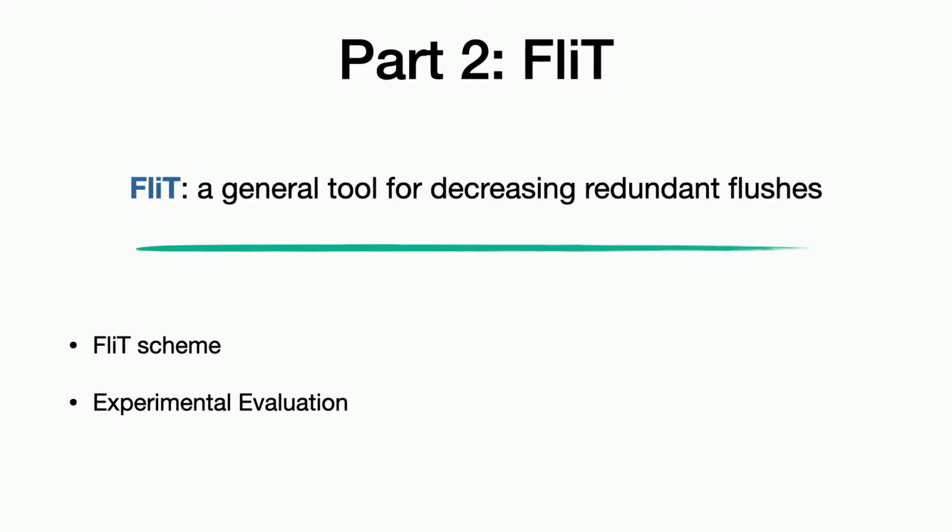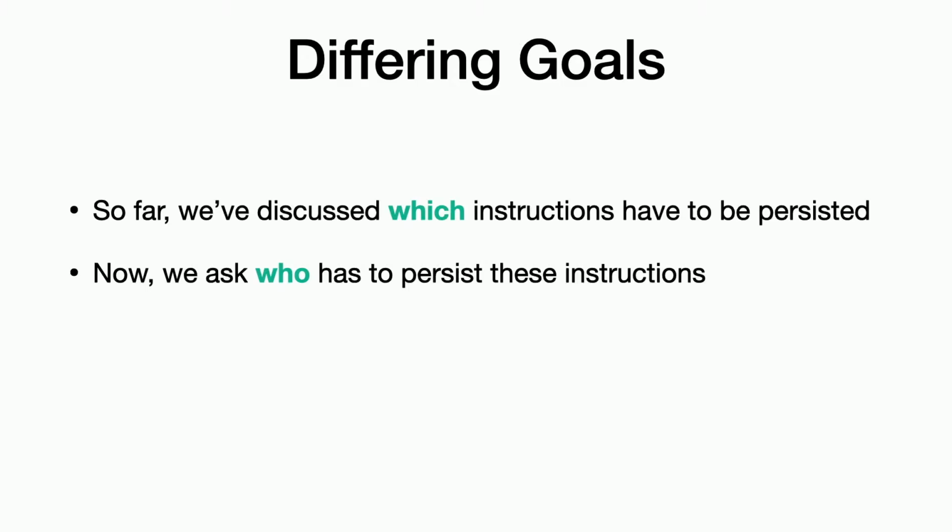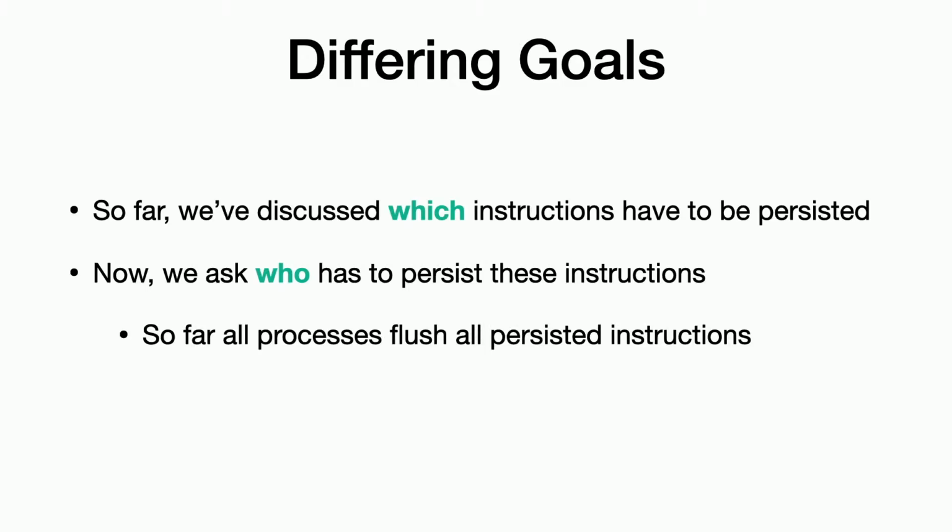So for that we had another paper called FLIT, which we implemented as a library that decreases redundant flushing. So instead of talking about which instructions need to be flushed, we assume that we now know which ones need to be flushed, and we ask, who needs to flush them? Which thread is going to flush them? Because so far, we've just assumed that every thread will take that responsibility and there will be redundant flushing.